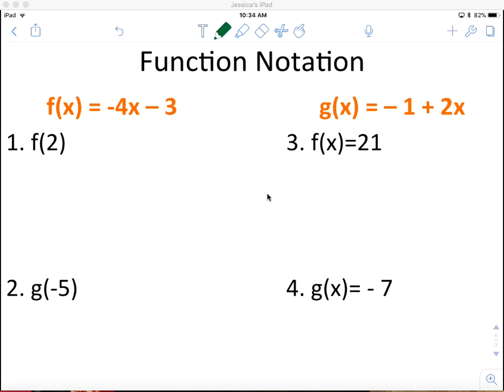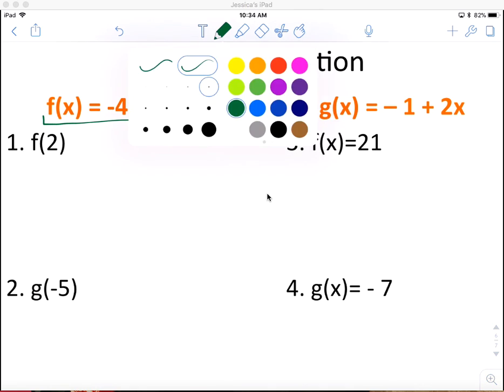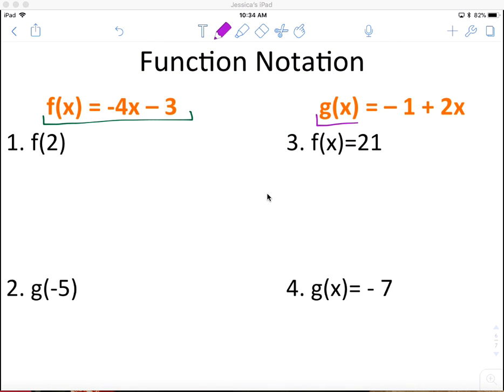So here's your first example of something you will see when you're given multiple functions. I have given you f of x, which is negative 4x minus 3, and then I have given you g of x, which is negative 1 plus 2x. It's very important that you know the difference between f and g. Number 1 says find f of 2.